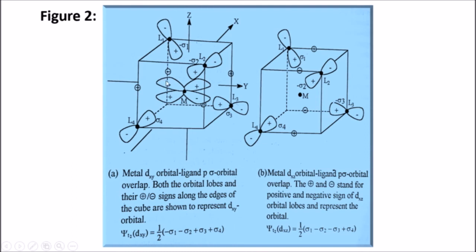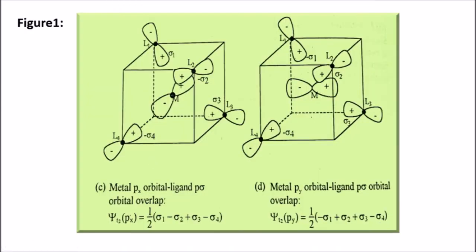At this side the orientation would be there, and that is how this orientation results in this kind of arrangement, where you can see that ligand 1 and 2's minus lobes interact with the minus lobe orientation of the dxy plane, and ligand 3 and 4 have positive lobes that interact with the positive lobe of the dxy of the central metal ion, and that results in PMO formation.